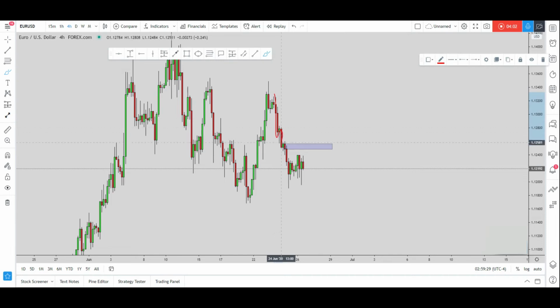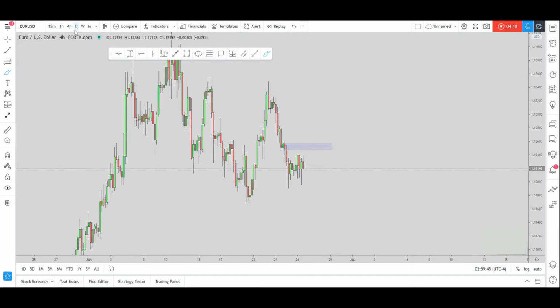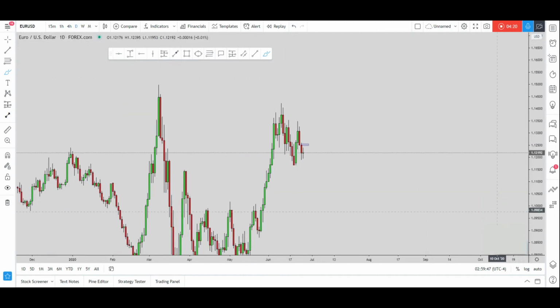The market has just been creating lower lows and lower highs, not giving any opportunity to be looking for a long on this pair. In fact, the last structure is here, which is still acting as very strong supply, very strong resistance. So we can't be looking for any longs at the moment.